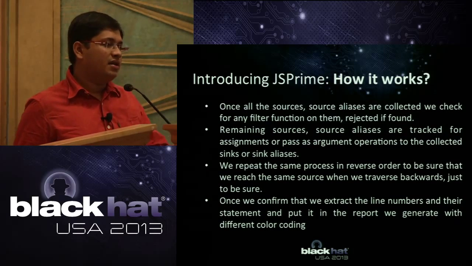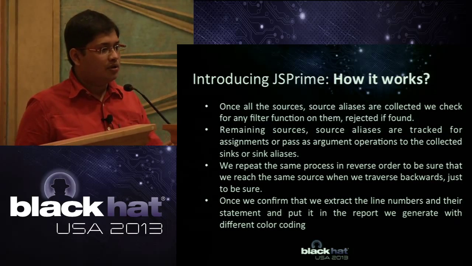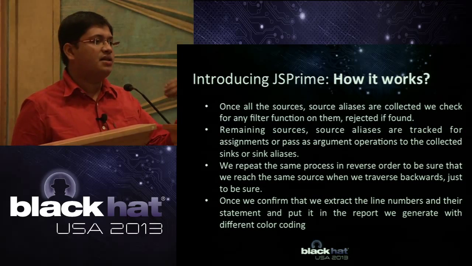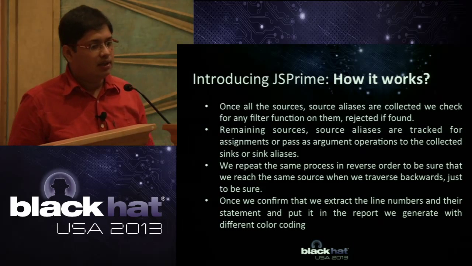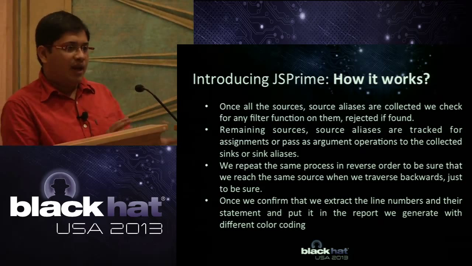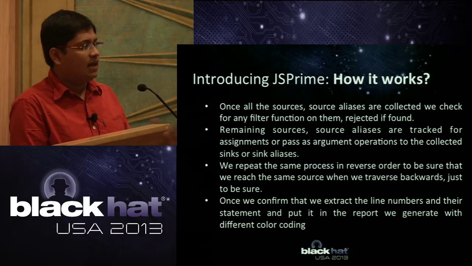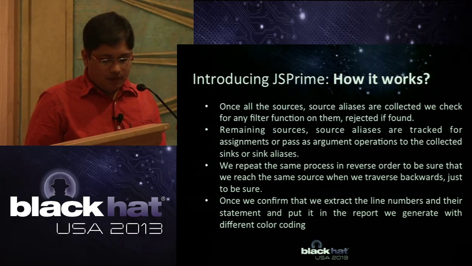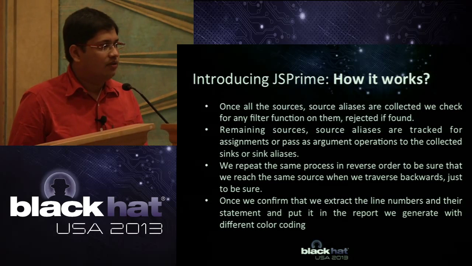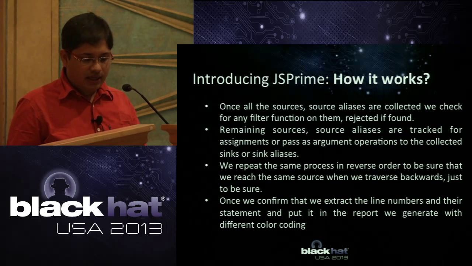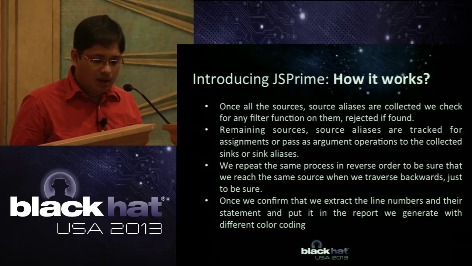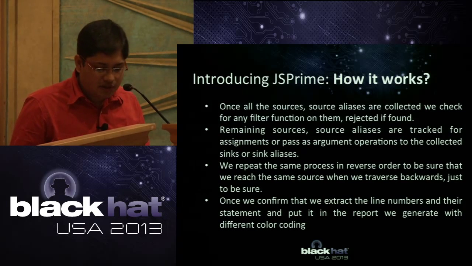For example, you are setting it to an iframe's source. In that context, if you are passing something like javascript:alert(document.cookie), and you apply encodeURIComponent, it will not be an issue anymore. So we keep track of those filter functions, and I'll tell you how we feed these filter functions. You can pass your own custom filter functions as well.